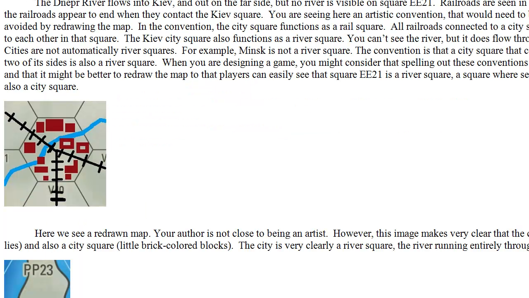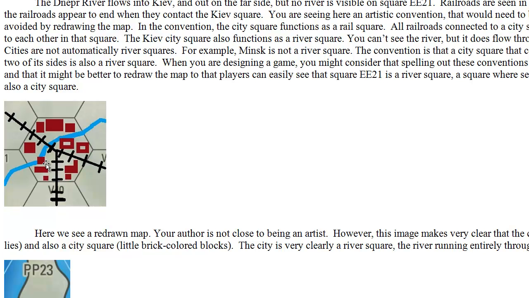However, some people would say, gee, you could have done a bit better than that. And here is an alternative way to handle the city on a river. This is my redrawing. You can tell it's a city square because the red squares, closed and open, represent buildings. You can tell it's a river square because the river really does run through it.